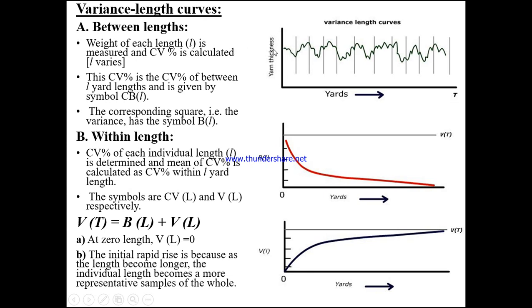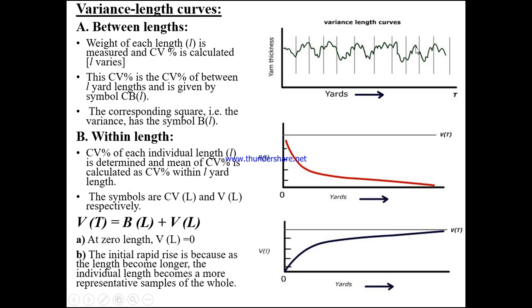As you can see in this diagram, the yards, that is the length of the yarn for example, and yarn thickness. If yarn thickness or yarn diameter is measured across the length of the yarn, you will see there will be increment and decrement of yarn diameter.